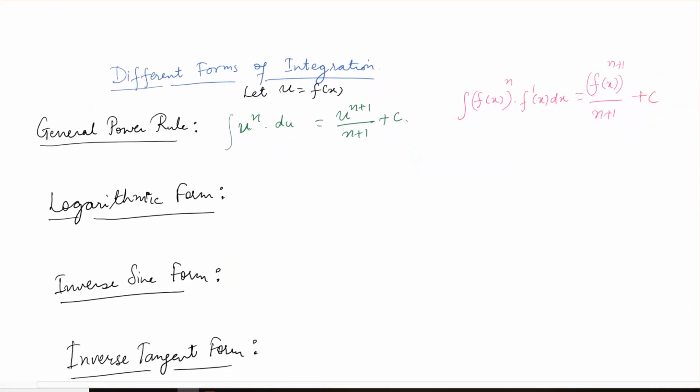And when we did this, we know that n should not be equal to -1. So it means you cannot have the power of the function 1 in the denominator.